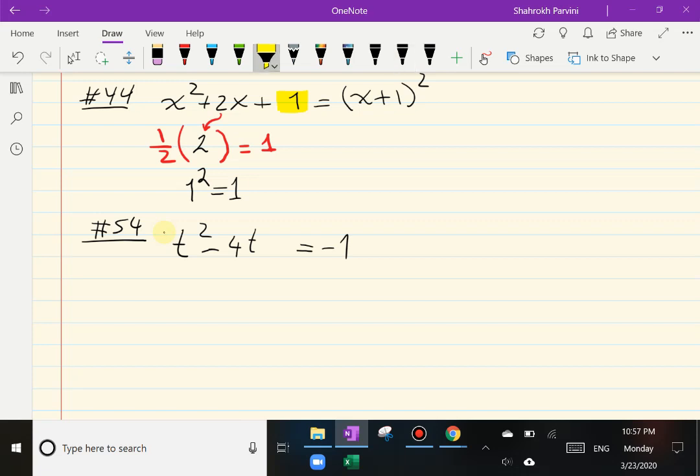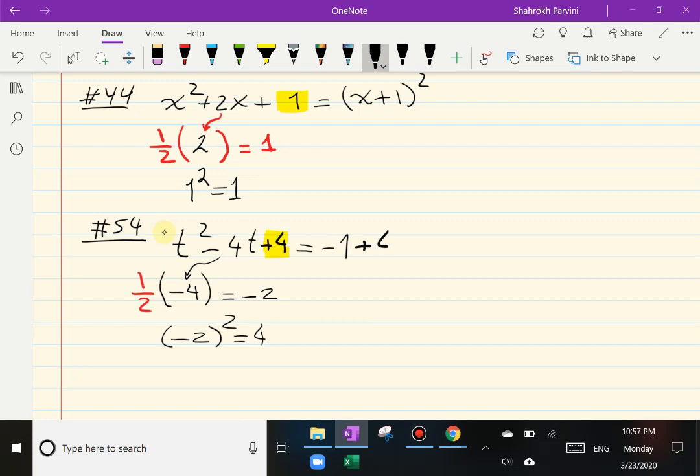So that means we need a constant here. And if you recall again, that constant is going to be half, right? It's going to be 1/2 of negative 4, whatever that is. Half of negative 4, and that's negative 2, but then we square it, and that becomes 4. So what goes in here is plus 4.